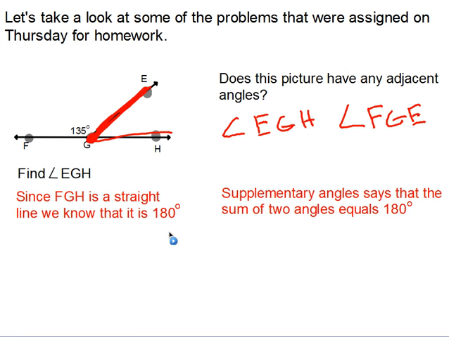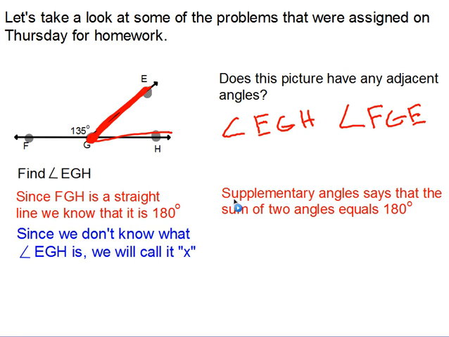And supplementary angle says that the sum of two angles equals 180 degrees. So, since we don't know what EGH is, we will call it X. We can call it any variable we want, A, B, C, D, but I'm just going to call it X. And so we're going to write the equation.